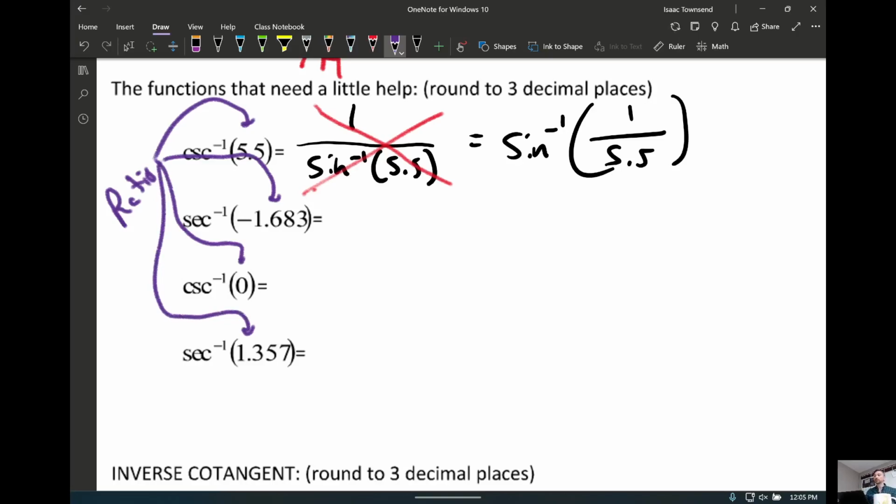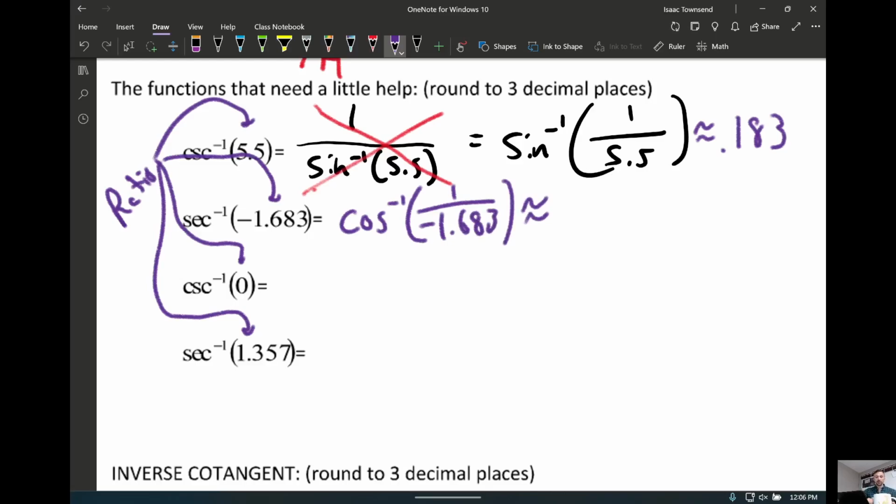You have to do inverse sine of 1 over 5.5. For inverse secant, you're going to do inverse cosine of the reciprocal ratio, and you just have to have the peace of mind to know that the ratio is the inside part.